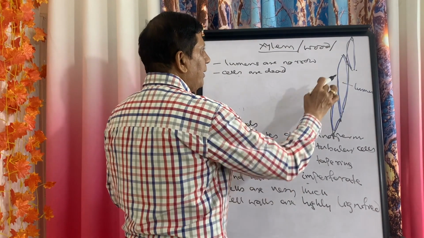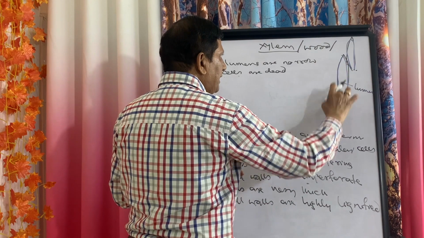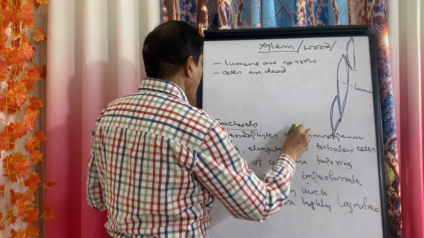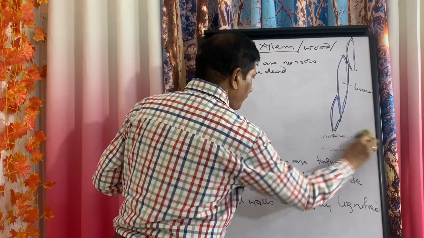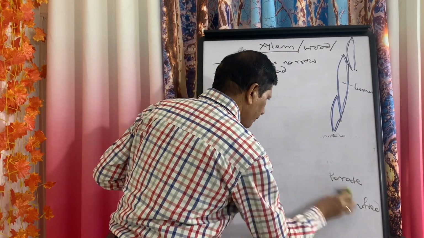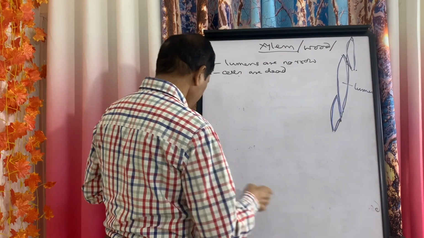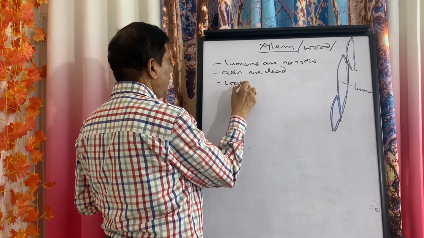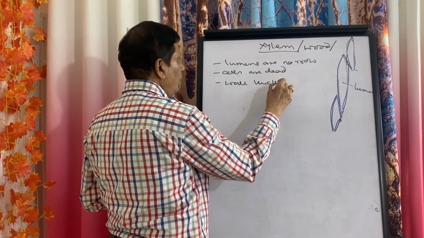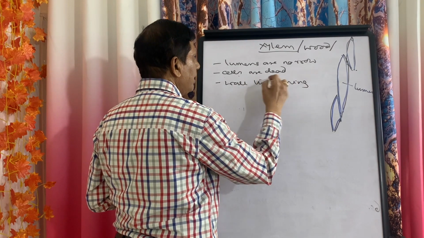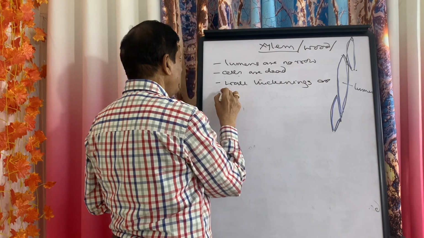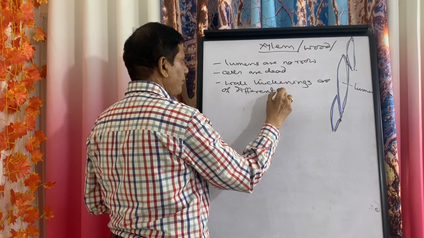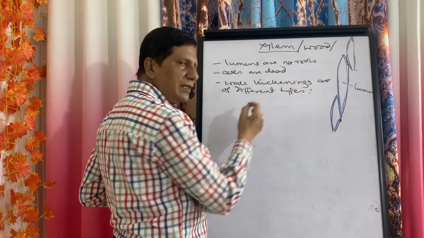Now, the wall thickenings are of different types. And what are these types?